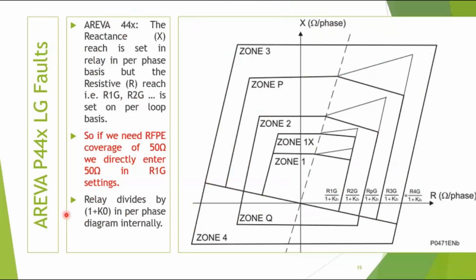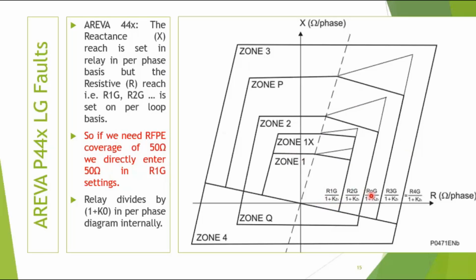See, this is the resistive, per phase zone diagram of an Areva relay. If we need an RFPE coverage, if we need a tree plus arc plus tower footing of 50 ohm, we enter 50 ohm directly in the R1G setting, and the relay divides it by 1 plus KZ, the compensation factor, internally to create the per phase diagram.